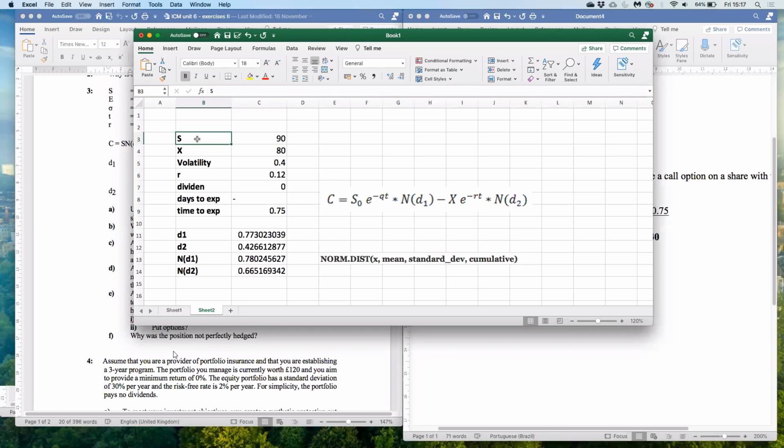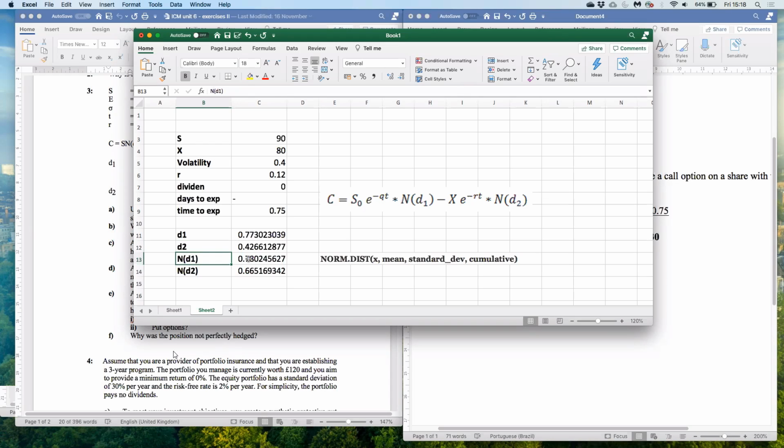Using Excel, here is the data. The stock price is 90. The exercise price is 80 pence. Volatility is 0.4. Risk-free return is 12%. Dividend is 0. Time to expiration is 0.75. So we can calculate D1 based on the formula: 0.7730, and the value of D2 is 0.4266.